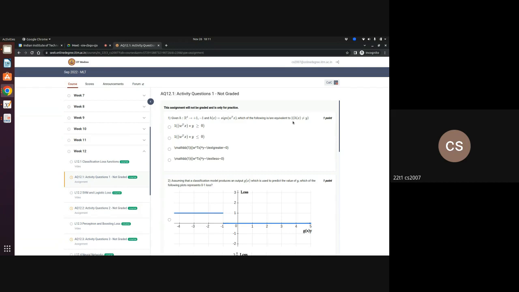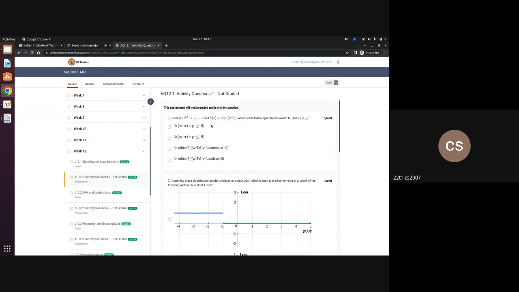This is an indicator function which gives you 1 when this is true, which means when the output of the model for the given data point X is not equal to Y, which is the actual target, then this will return you 1. So this is a 0-1 loss in particular. So we are asking which of the following is equivalent to this.